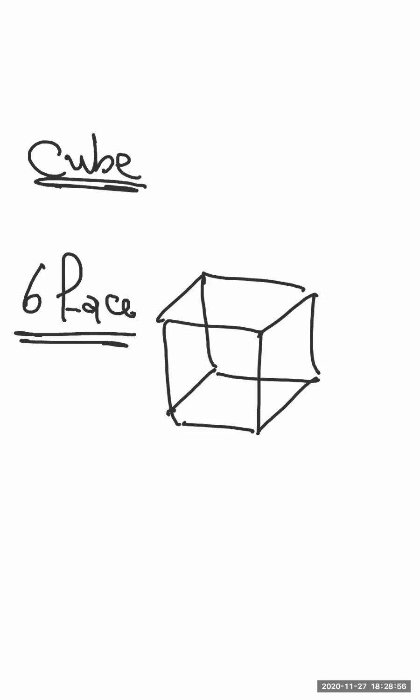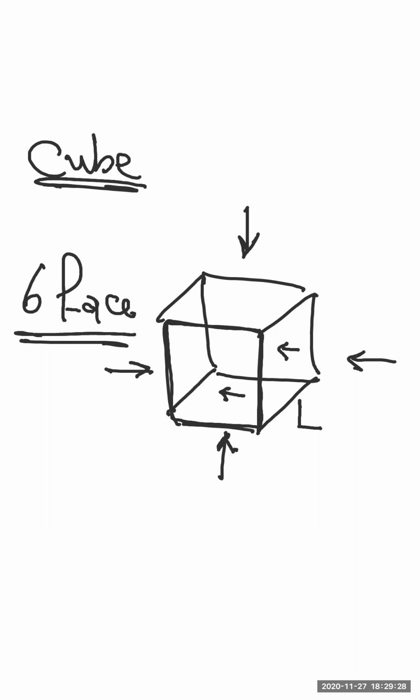One from this side, from left, and one from right, up and down, and this one behind, and this one in front. So 6 faces. If I assume that the length of the edge is L, because each face is a square, all the edges are equal.